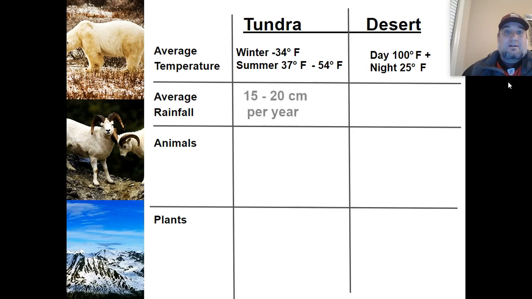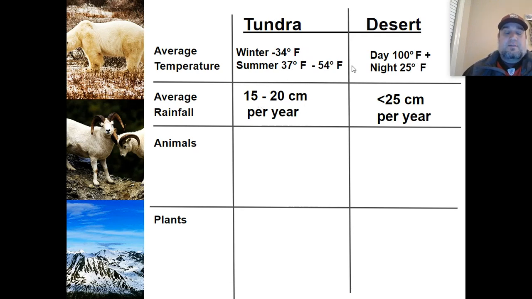All right, how about rain? This is where we see them very similar. Very little amounts of water. So tundra, and here's the deal: these two amounts of rainfall are basically the same. So the big difference is just going to be temperatures. We're just going to get crazy hot in the desert and crazy cold in the tundra, which warms up just barely.